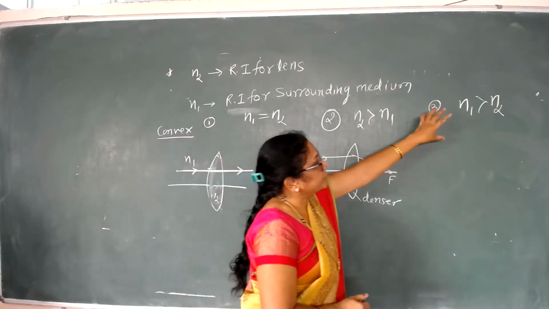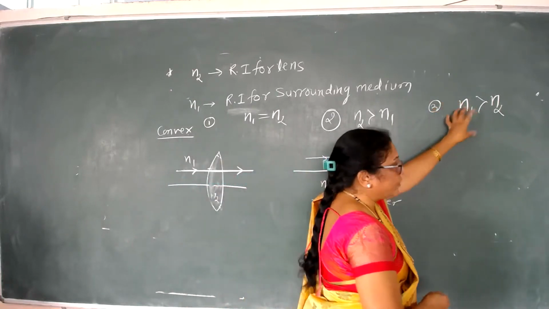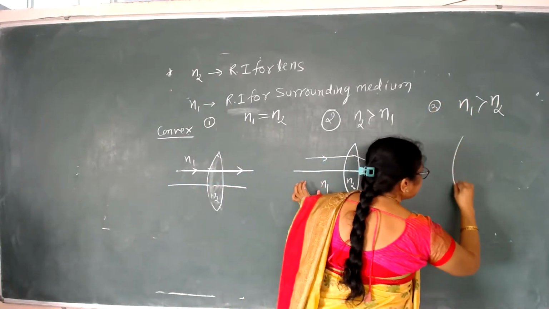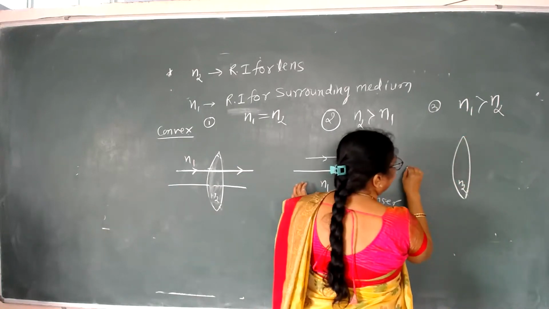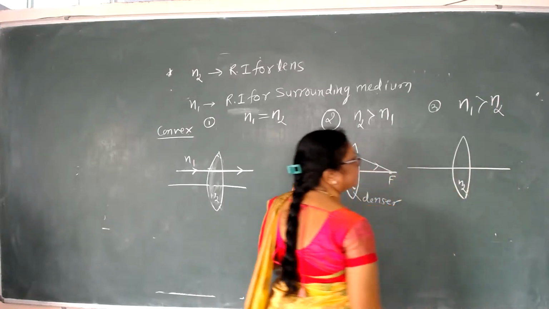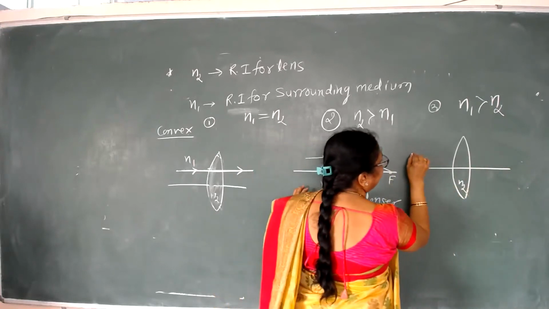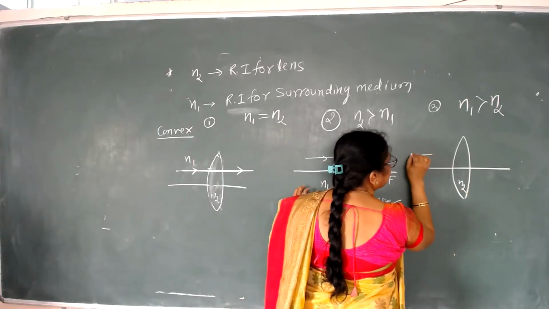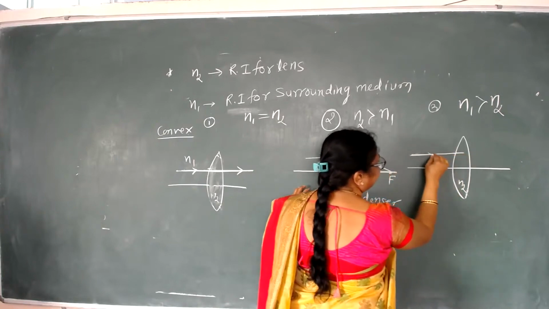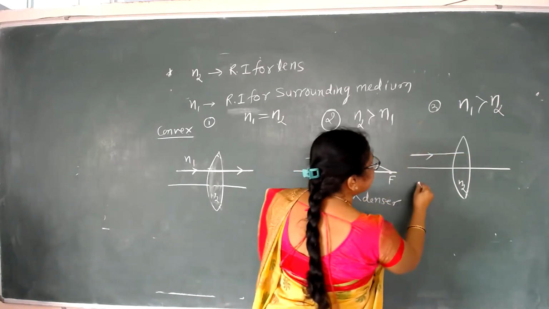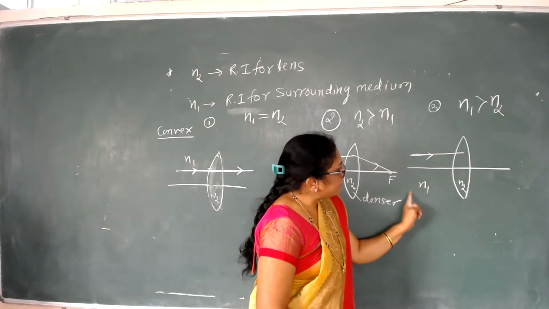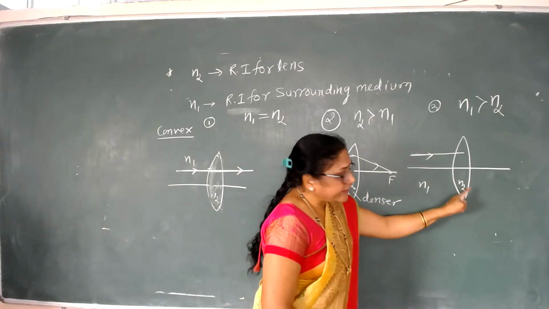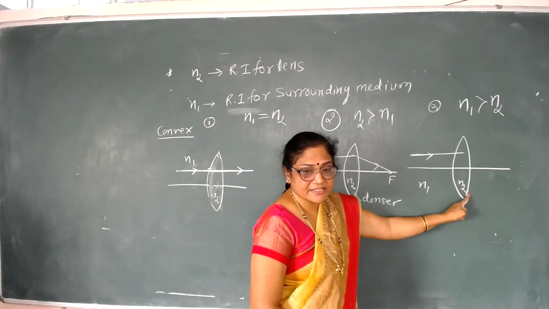But when N1 is greater than N2, take the lens whose refractive index is N2 and draw a principal axis. The ray of light propagates from a medium whose refractive index is N1, which is greater than the refractive index of the lens.